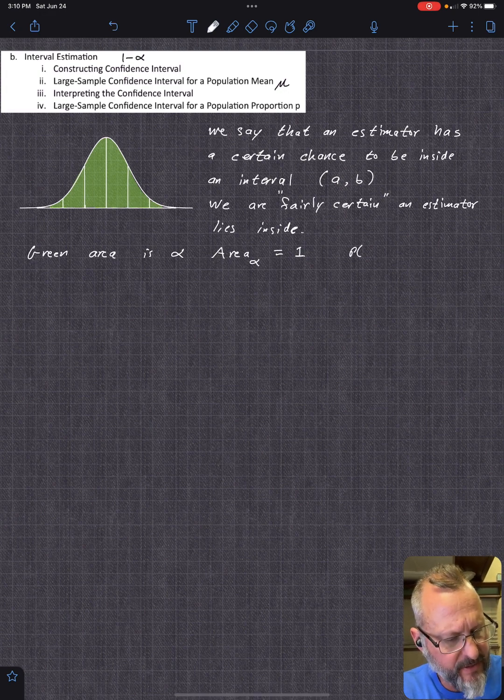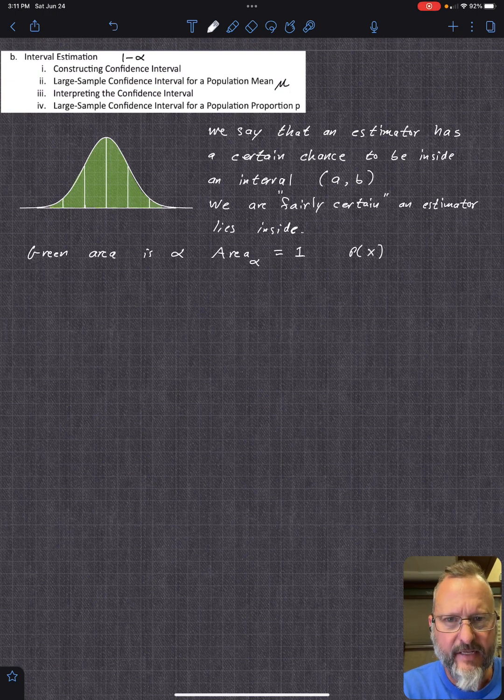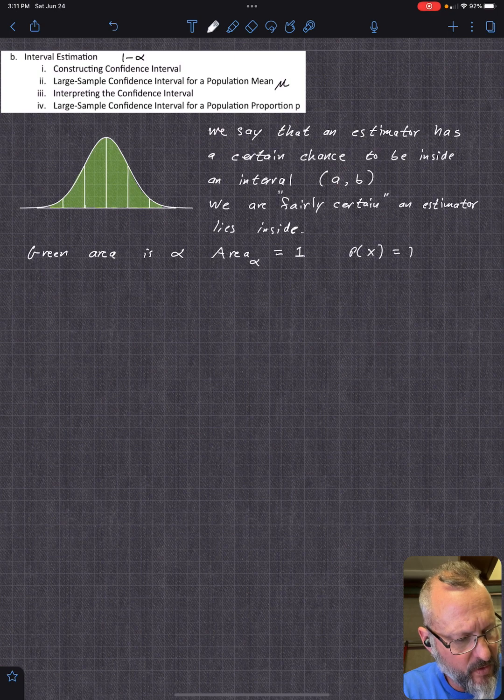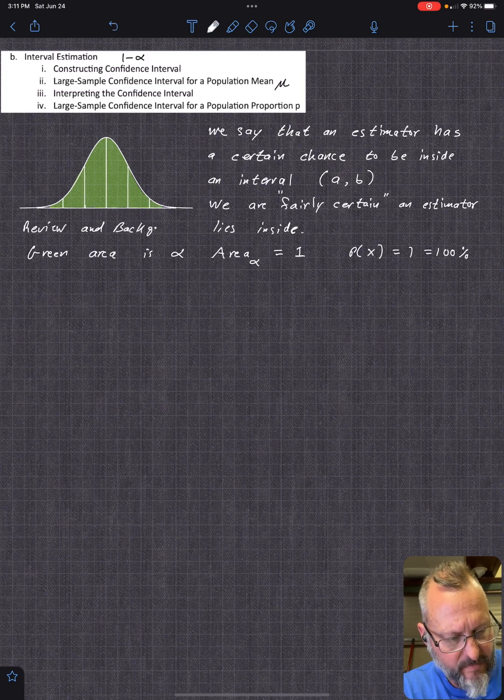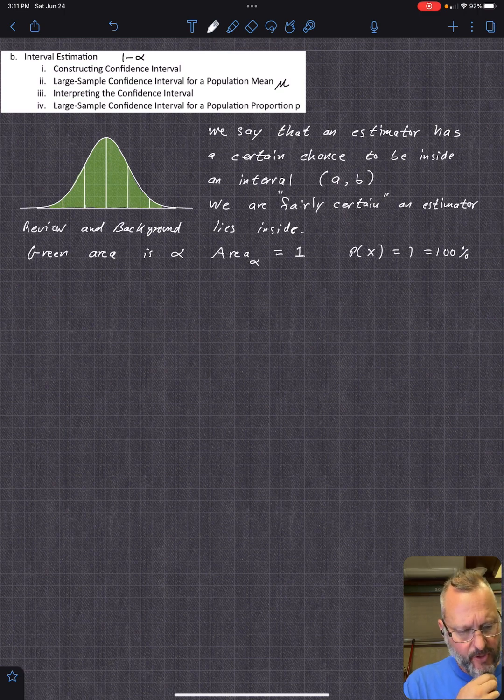The probability of any variable pertaining to that must equal 1, or we say 100%. Okay, so this is review and background.